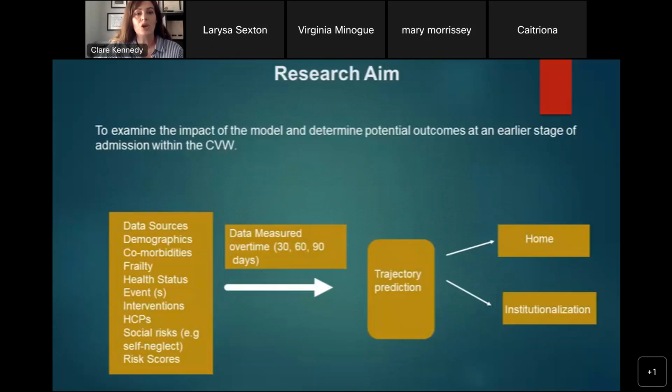So the research aim, we looked at unplanned hospital admissions and ED presentations, but it was also to look if we could determine potential outcomes at an earlier stage. And there was a number of data sources used.